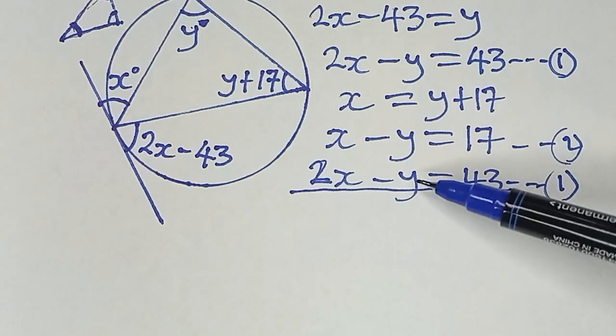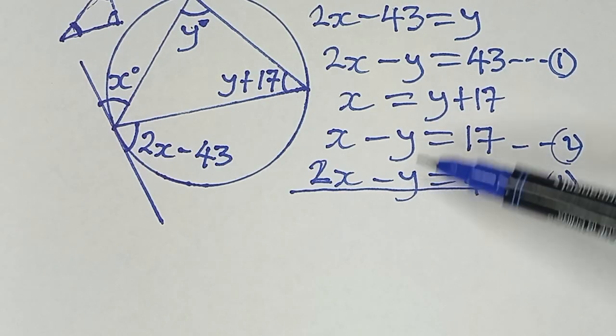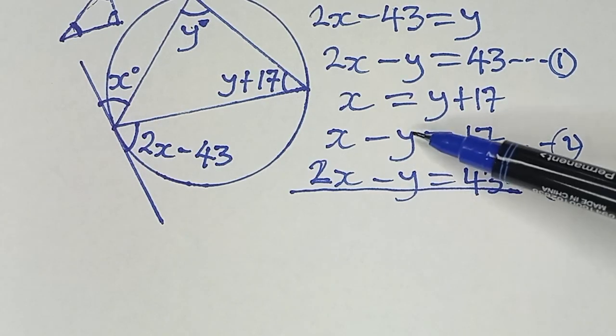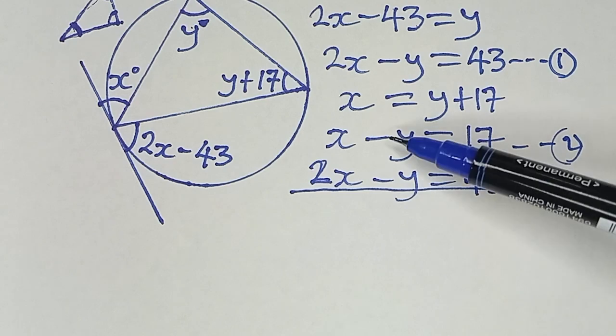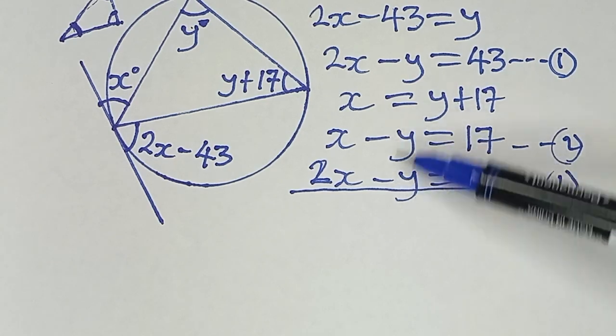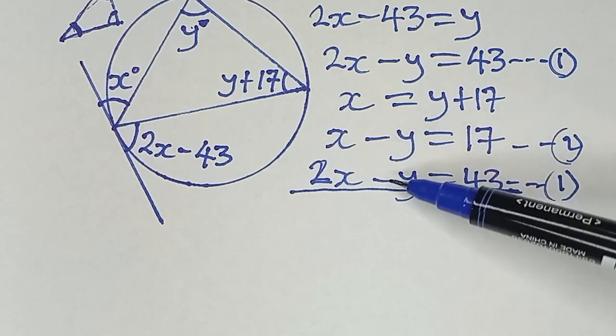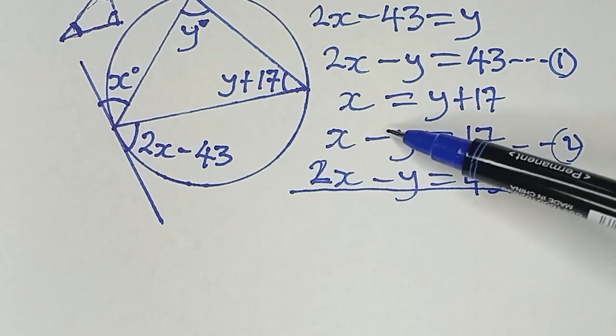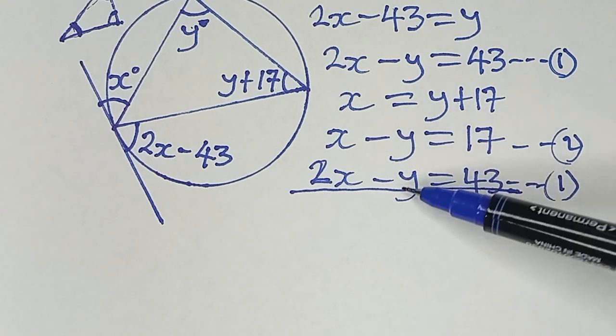If you check these two, they have the same coefficient. So once they have the same coefficient, I can eliminate them. Because their signs are the same, I simply subtract.